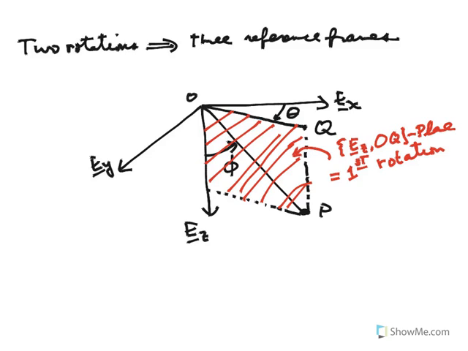This is the direction EZ crossed with OQ, and I'm going to say along EZ crossed with OQ because it's a unit vector that is orthogonal to both EZ and OQ. Now there's another plane that's formed in here, and it's formed by that direction, which is the direction along EZ crossed with OQ, and the direction OP, because the second rotation is by the angle phi.